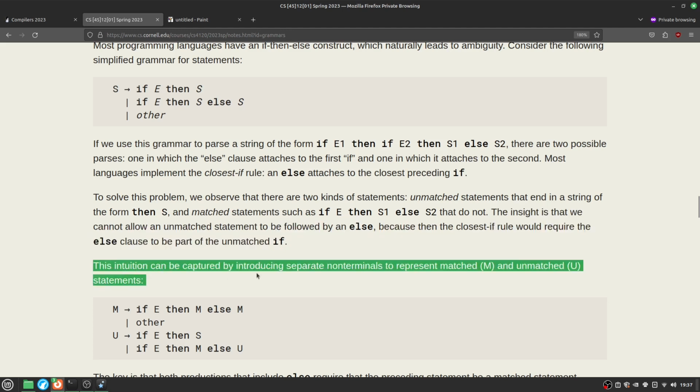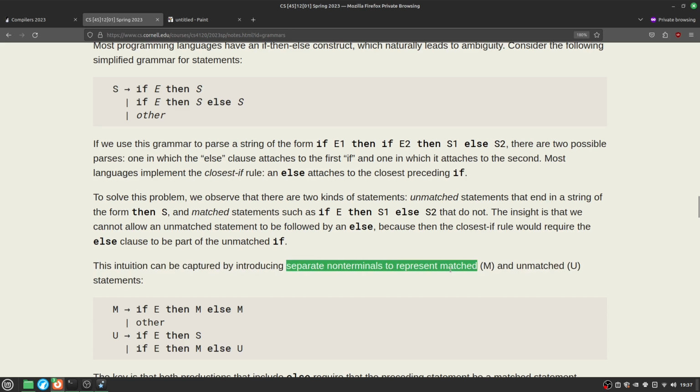This intuition can be captured by introducing separate non-terminals to represent matched and unmatched. So a matched non-terminal M is if E then M else M, or some other.